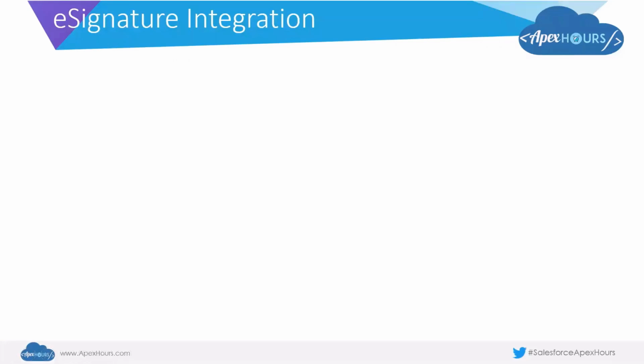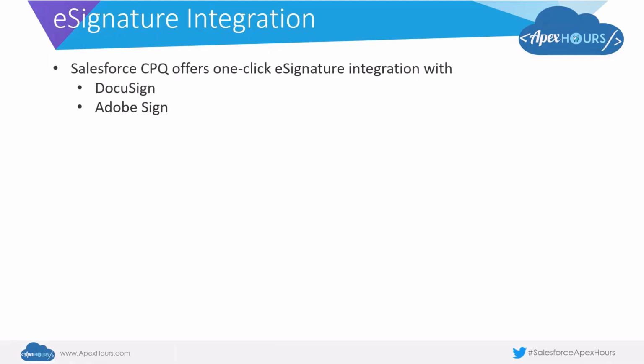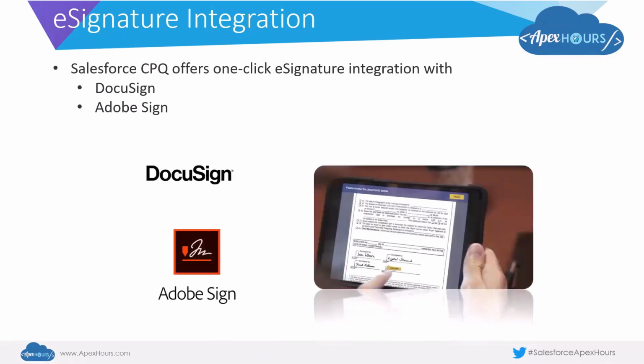Finally, when we generate a document, we have options for e-signature. Salesforce CPQ offers one-click e-signature integrations with DocuSign and Adobe Sign. Instead of your sales rep downloading the document, mailing it to the customer, getting it signed, and physically shipping the copy back, which is really not a very easy process, we could use these digital e-signature platforms, which Salesforce CPQ already has integrations with, like DocuSign and Adobe Sign, for getting the e-signatures done in an easier manner.